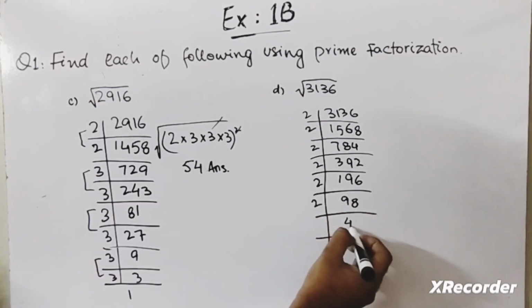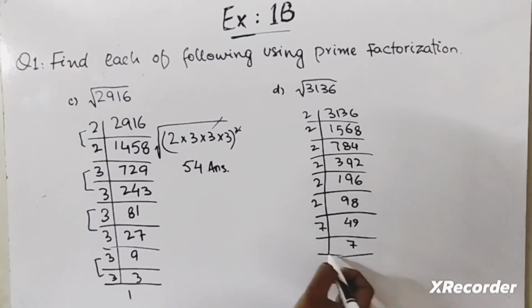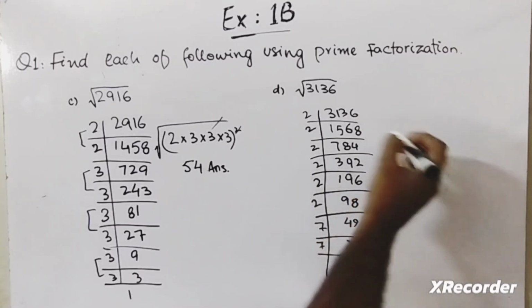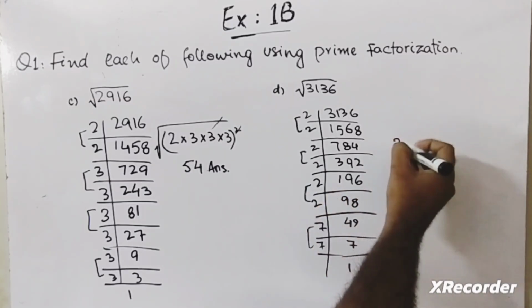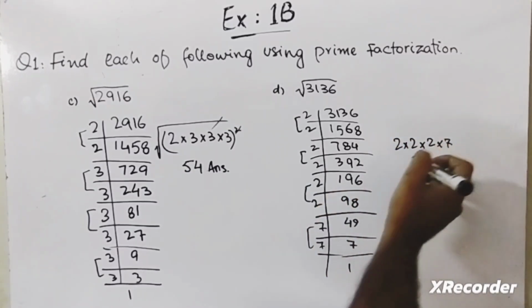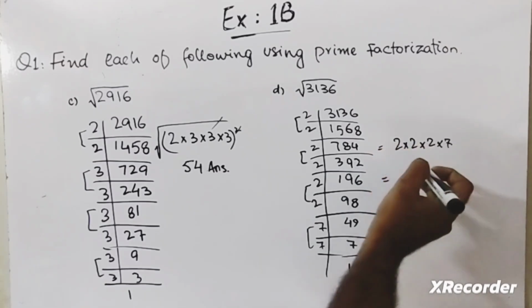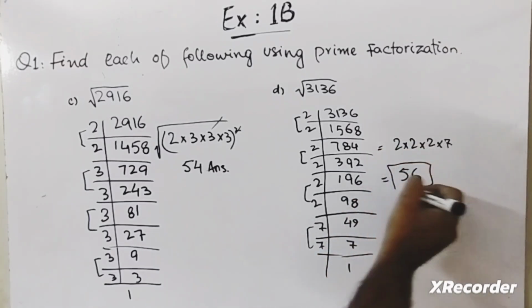Now with 7 we get 7, and then 7. So the factors, arranging them in pairs, 2 times 2 times 2 and with 7. So this is our required answer.